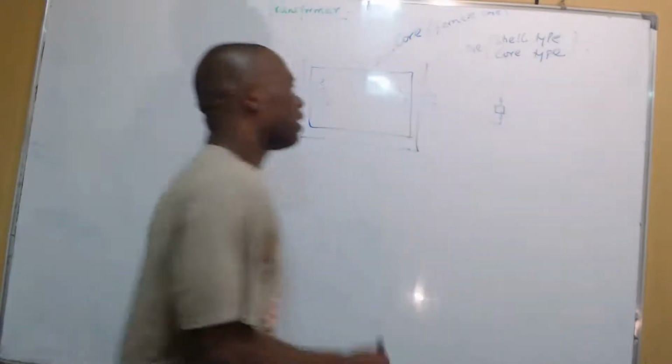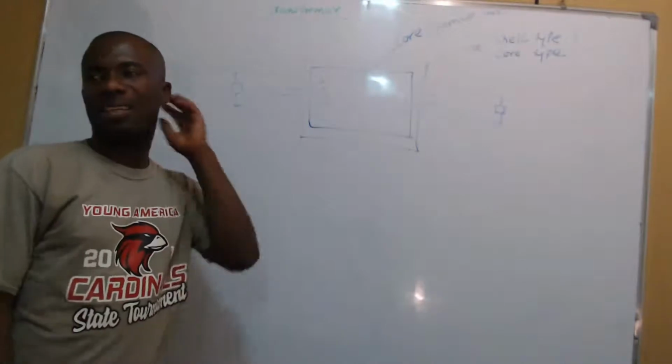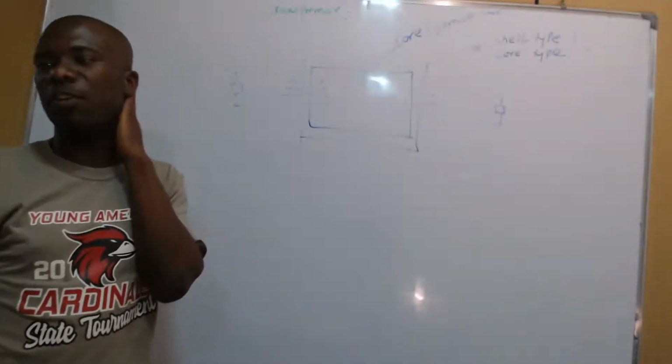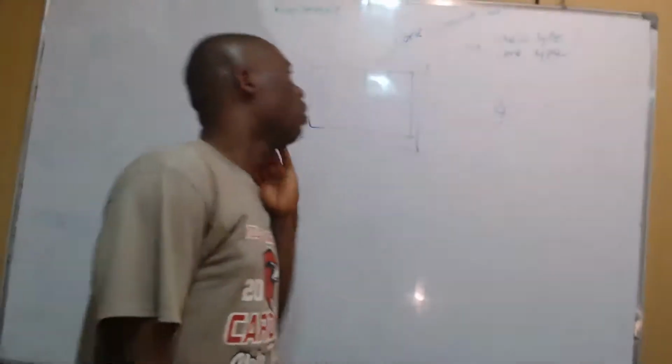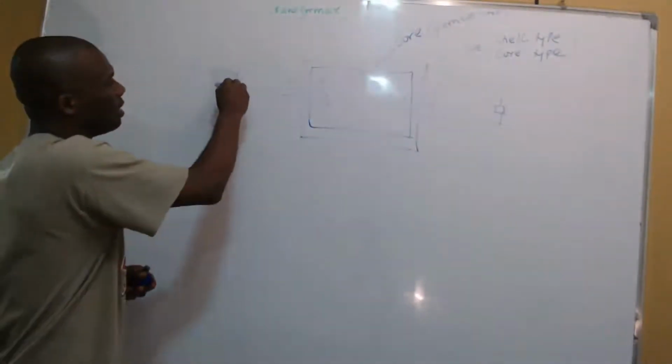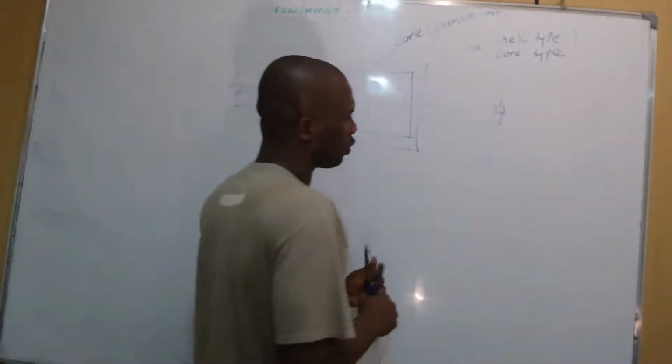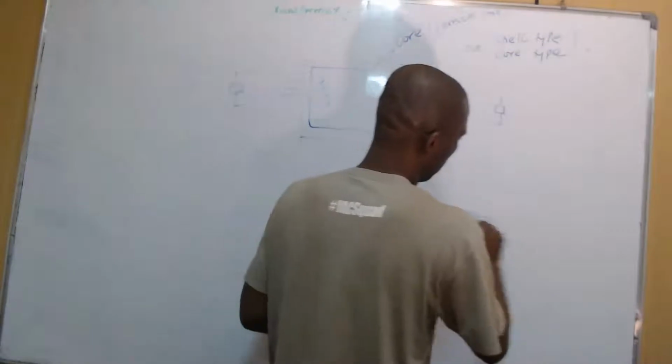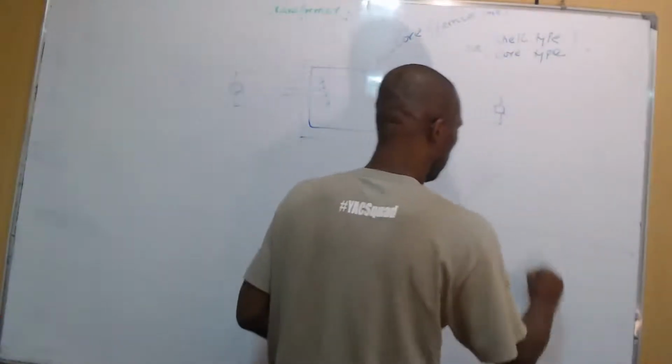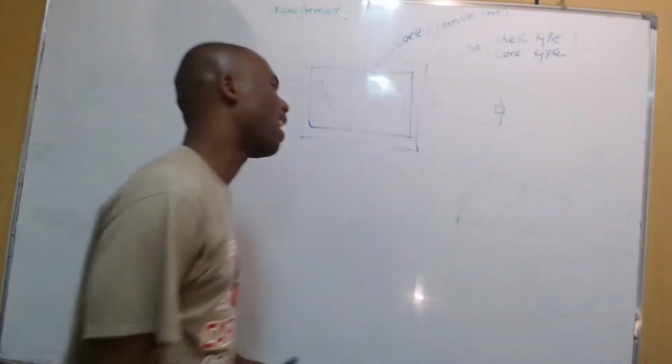Now, as I said, a transformer is a static device that changes the voltage of an AC supply. What I mean by AC supply is a sine function, a sinusoidal function that is like this. This is an AC supply.